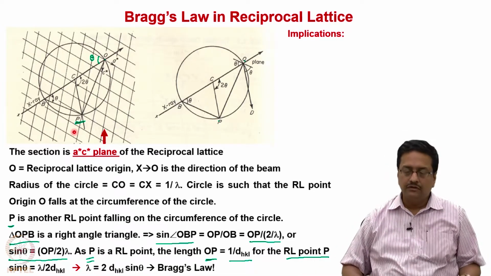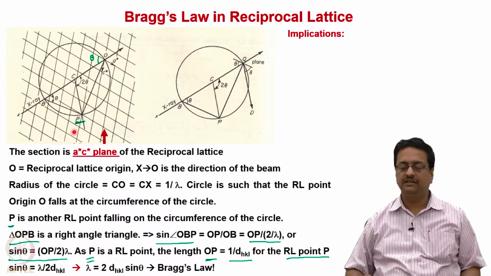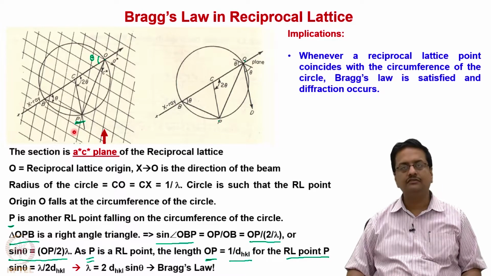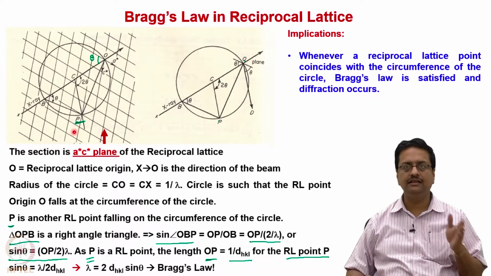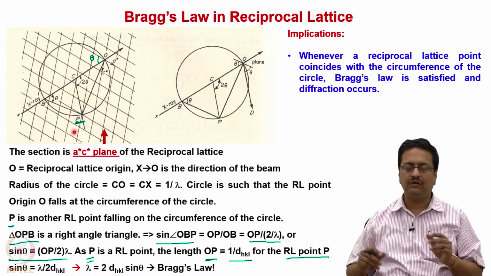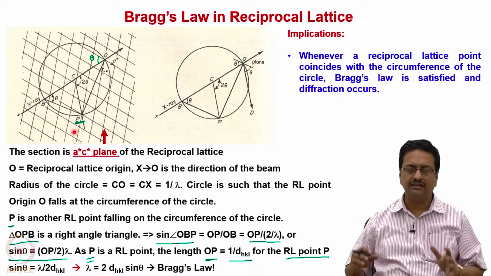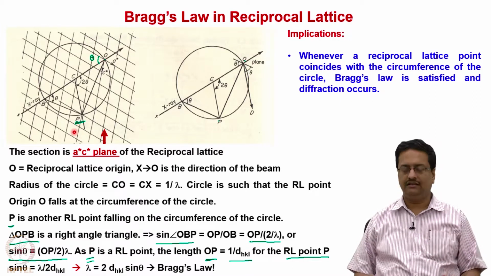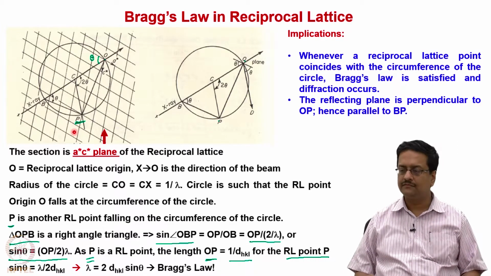So, what are the implications of this understanding? Whenever a reciprocal lattice point coincides with the circumference of the circle drawn like this, with the radius 1 by lambda, Bragg's law is satisfied and the diffraction occurs.